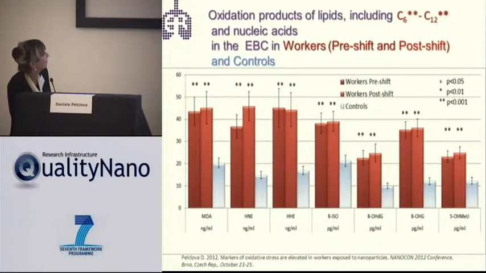And the first bar, always the darker, is the pre-shift concentration in the workers. The second is the post-shift concentration, and the blue one is the control. So you can see that not only the lipid markers, but also the nucleic acid markers were significantly elevated compared to the controls, and the same was the case for C6 to C12 oxidation products.